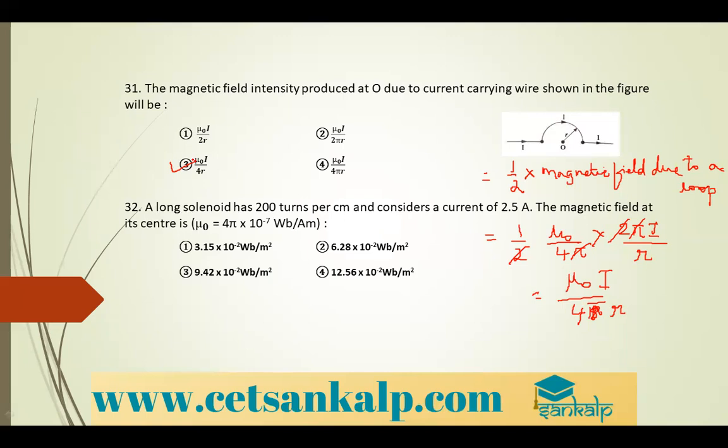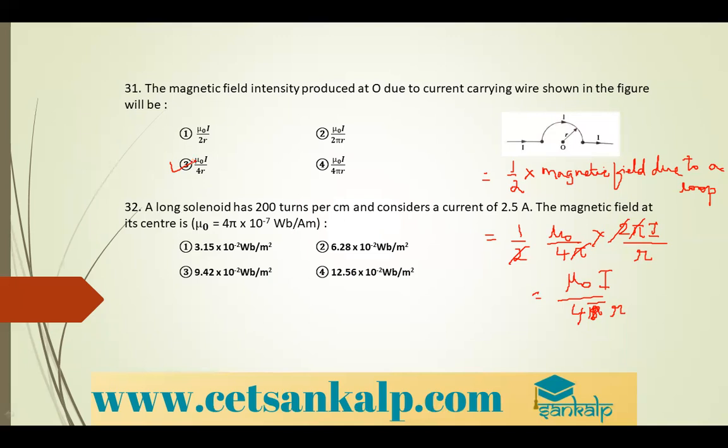Next. A long solenoid has 200 turns per centimeter and carries a current of 2.5 ampere. The magnetic field at its center is.